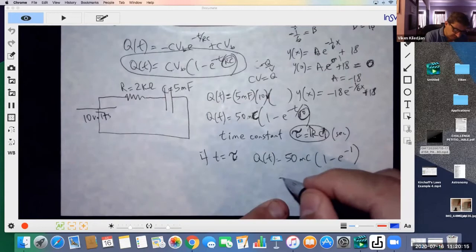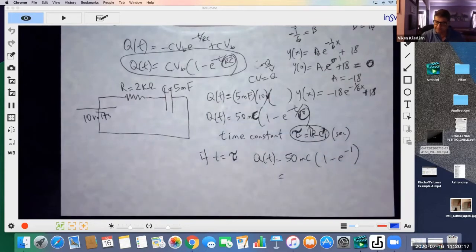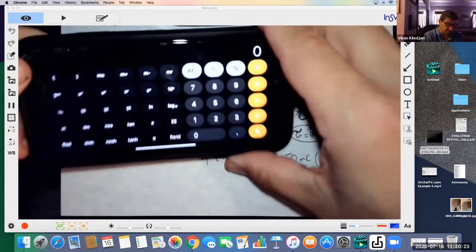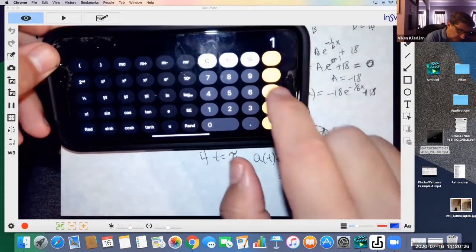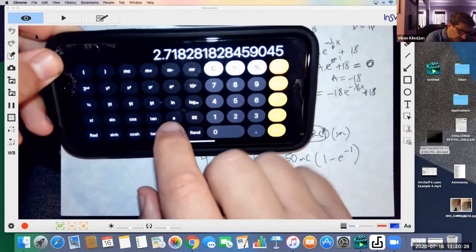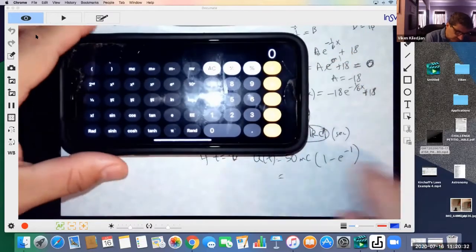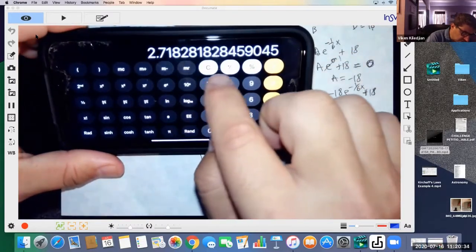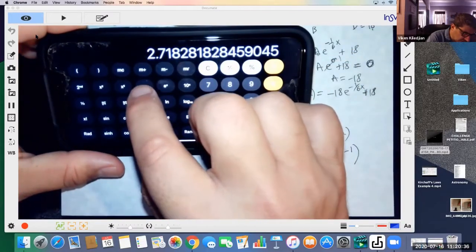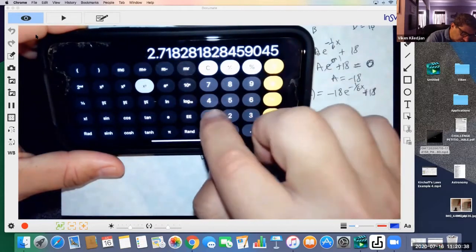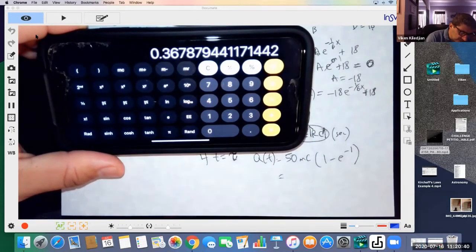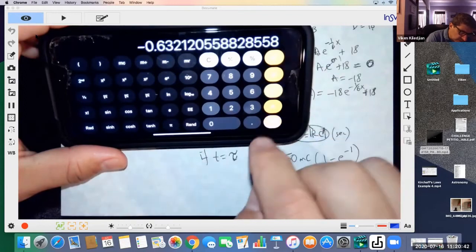The charge will build up to what? 1 minus e to the power, hold on. Let's do e to the power negative 1.